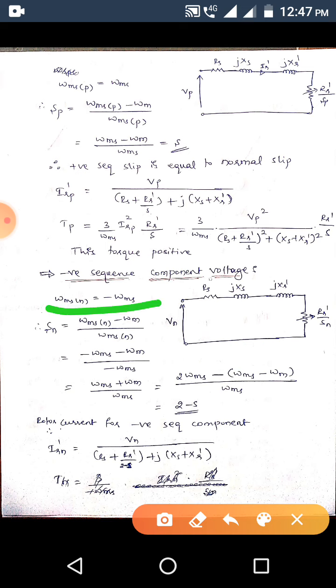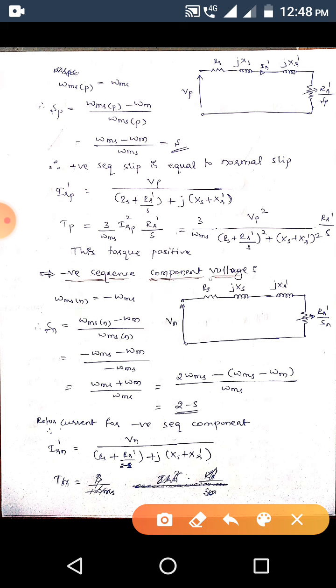Then we have the slip formula. Substitute it: omega ms of n minus omega m divided by omega ms of n. Then we have omega ms of n, the negative synchronous speed, is equal to minus of omega ms. Substitute it and simplify. We'll get omega ms plus omega m divided by omega ms. So now simplify this equation.